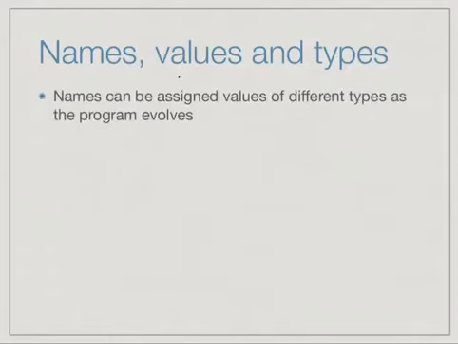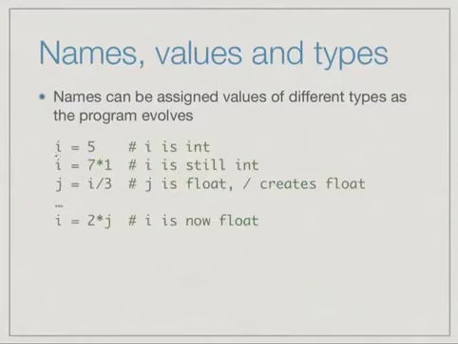So let us illustrate this with an example. The main feature of Python is that a name can be assigned values of different types as the program evolves. So if we start with an assignment I equal to 5, since 5 is an int, I has the type int. Now, if we take an expression which produces an int, such as 7 times 1, I remains an int.